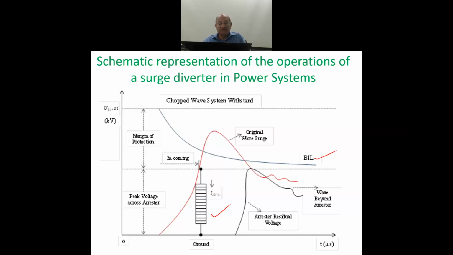When the traveling wave, this red one as you can see in this diagram, the incoming traveling wave, reaches the circuit breaker, it grounds the peak part of the traveling wave, and what is let go beyond the circuit breaker is the residual voltage, as I was mentioning once.